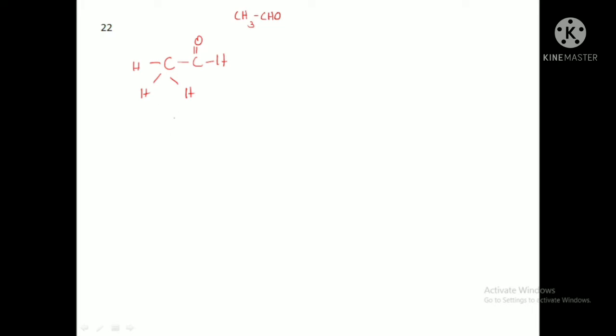Now this will react with one more compound containing alpha hydrogen, CH3. Here removal of water molecule will take place. So what will I get in the presence of dilute NaOH? This is aldol condensation only.